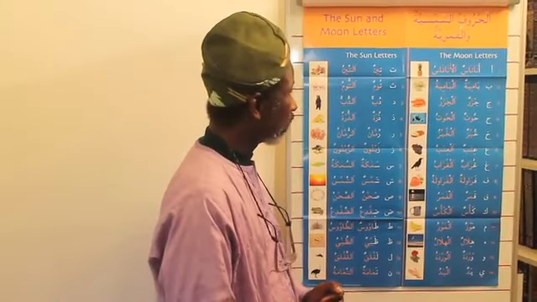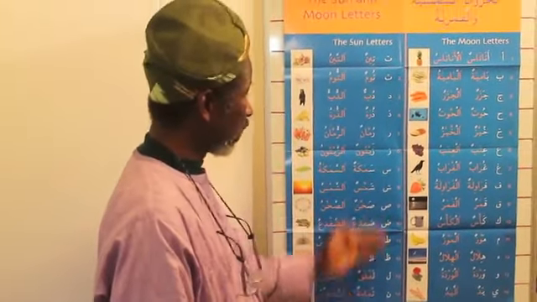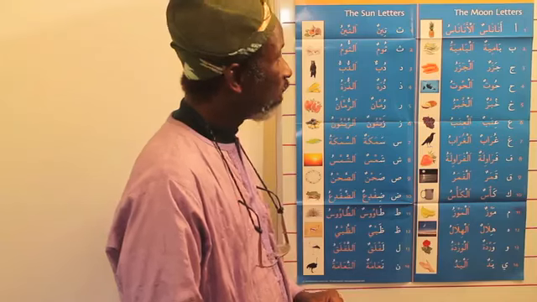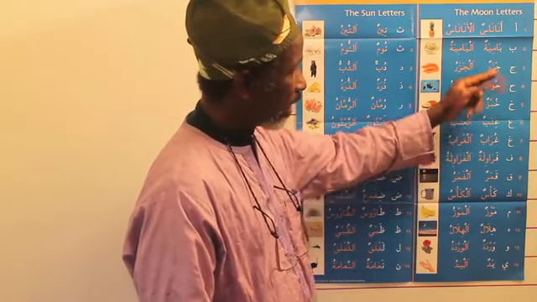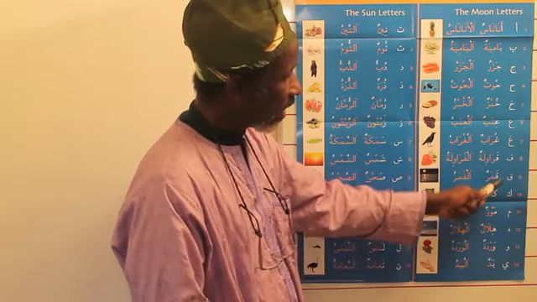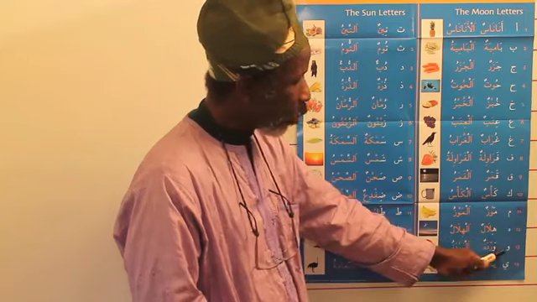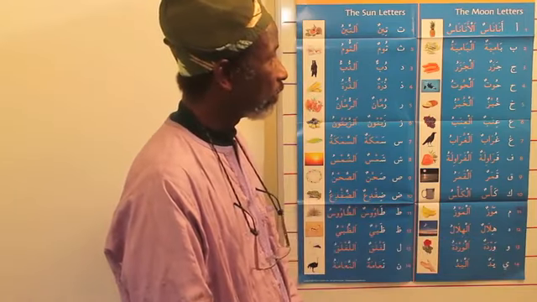We have 28 letters in the Arabic alphabet, and they are divided into 14 moon letters and 14 sun letters. Let's look at the moon letters first. The moon letters are alif, ba, jim, ha, kha, ain, ghain, fa, qa, ka, mim, ha, waw, and ya.